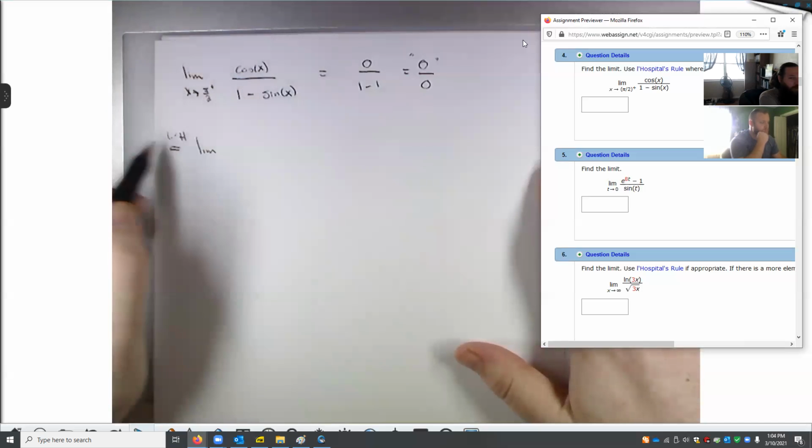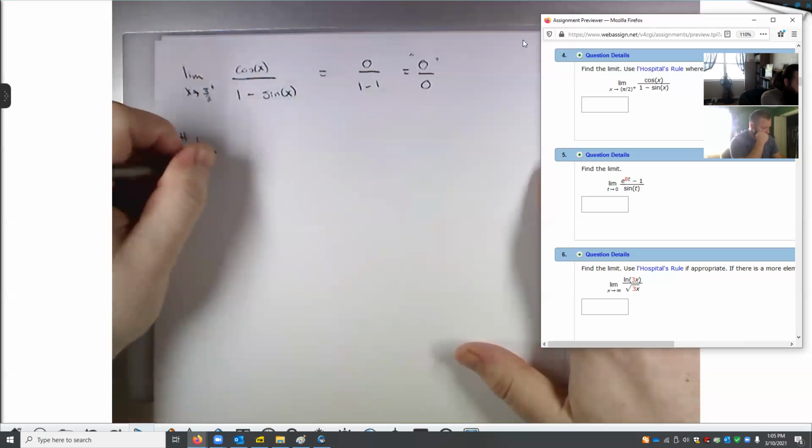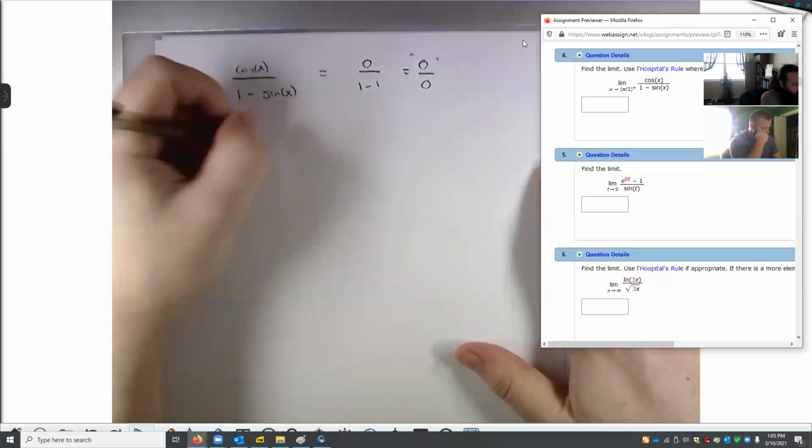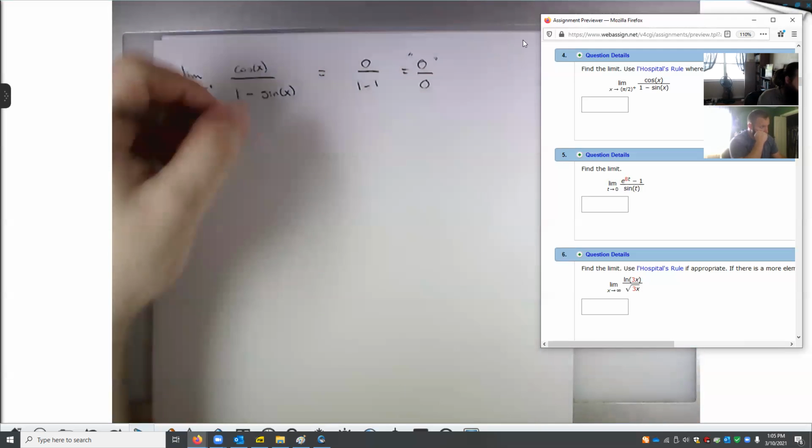So I'll say, by L'Hopital's rule, this is equal to the limit as x still going towards pi over 2 from the right. The derivative of cos x is what? Negative sine. Good, negative sine x.